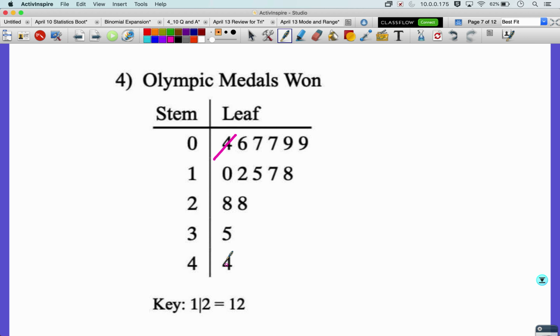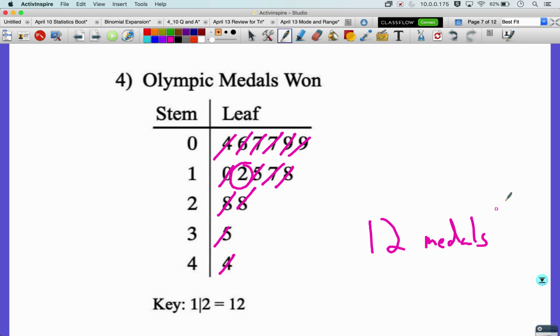So 4 and 4 cross out. 6 and 5, 7 and 8, 7 and 8, 9 and 8, 9 and 7, 0 and 5, and then this 2 is the median, but then I've got to use the key to turn it back into the actual data value, and it actually just matches the key here, so 12 medals is our median.